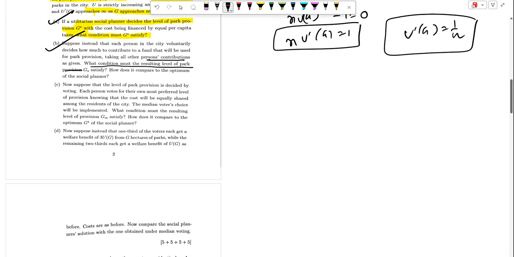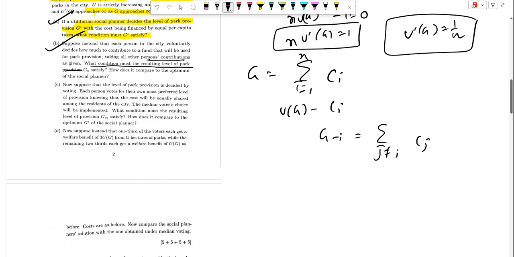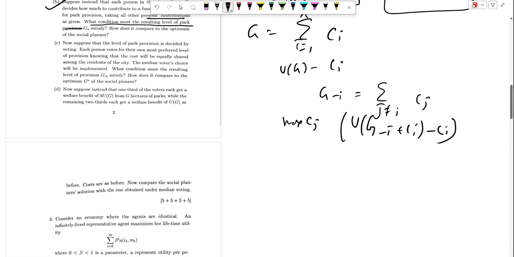In this case the total park provision G equals the sum of Ci for i equal to 1 to N. Person i's utility is U(G) minus Ci, where G includes the sum of Cj for j not equal to i, which is given, and i maximizes U(G) minus Ci. So the first order condition gives U'(G) equal to 1. So in equilibrium, U'(G_v) equals 1.